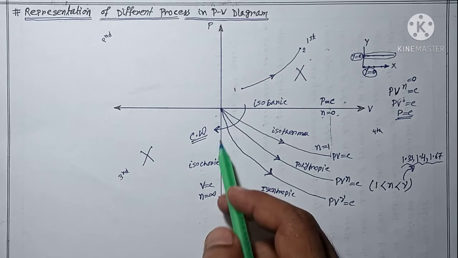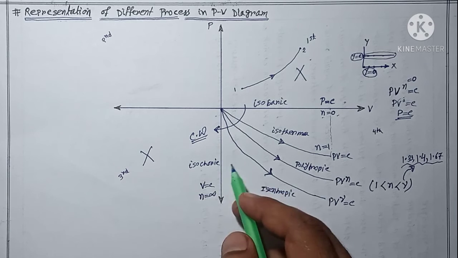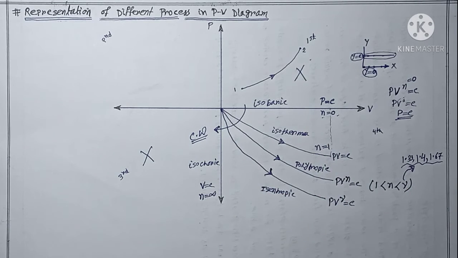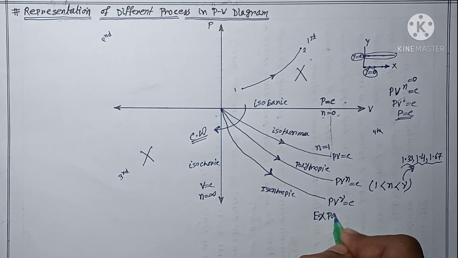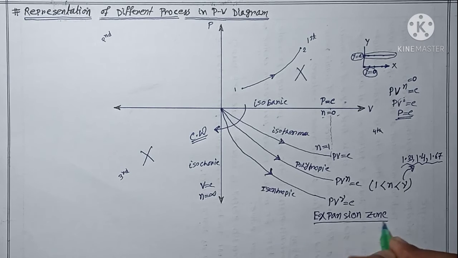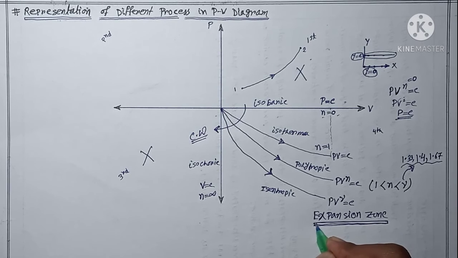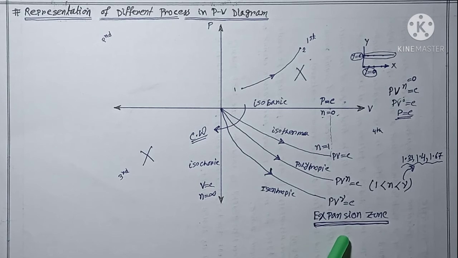So as the pressure decreases and volume increases, this zone is basically known as the expansion zone. Why expansion zone? Because all the processes here represent an increase in volume. So increase in volume is nothing but the expansion zone.